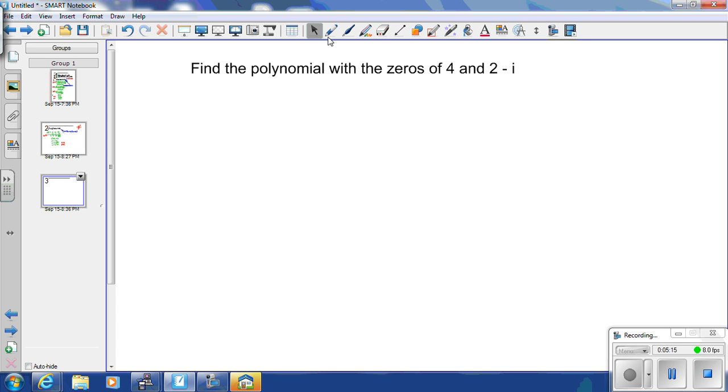Now this might look a little bit weird at first, but I think after a couple of these you'll get the hang of it. So if 4 is a zero, that means that I have a factor of x minus 4. Okay, we're probably okay with that. Now here's where things get weird. If 2 minus i is a factor, just like here I took x minus 4, well, I'm going to take x minus 2 minus i.